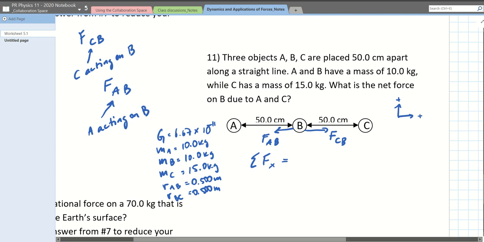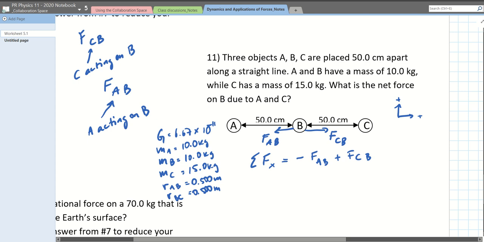Notice here I made my positive to the right, which makes the FAB negative, and FCB is positive. So that's what we're trying to find.